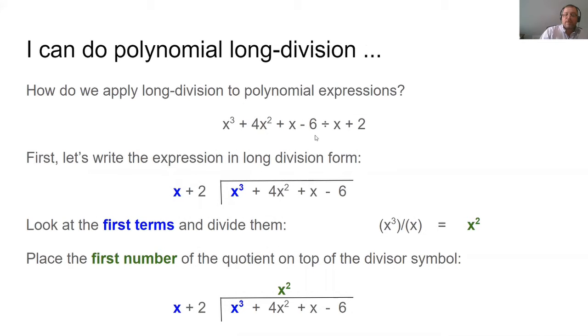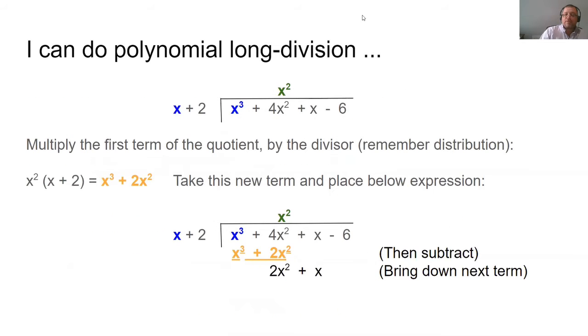Let me switch to the next slide here. So let's take a look. What's the next step? And like I said, I've already loaded these slides for you, so don't worry too much about it right now. Okay, now I have the x squared up here. What I have to do now is take this x squared and multiply it by this binomial.